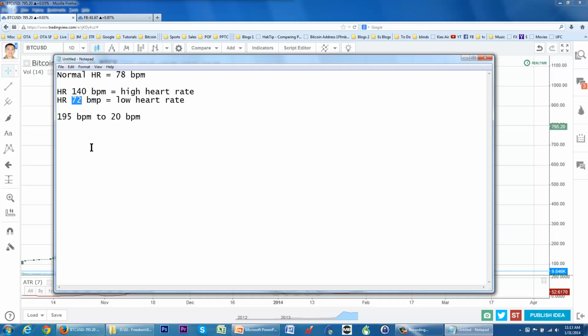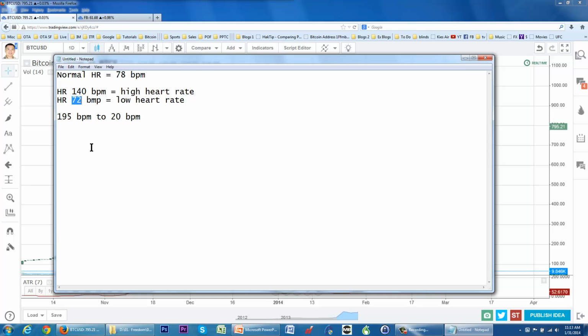As soon as I stopped the exercise, my heart rate would drop very quickly because I had a very efficient heart. However, when I saw that my heart rate was at 195 beats per minute, it was very scary because I knew that that is not a normal heart rate for me. I knew that from over a decade's worth of training people and training myself at the gym. I knew that that was not a healthy heart rate.